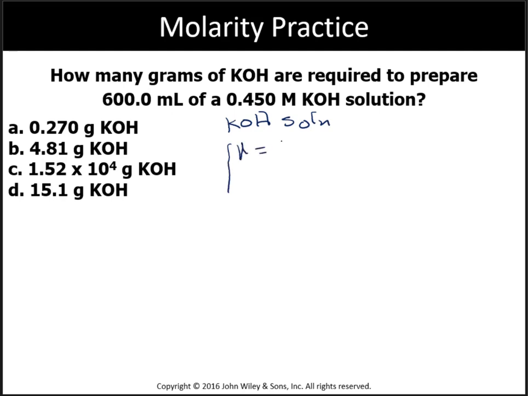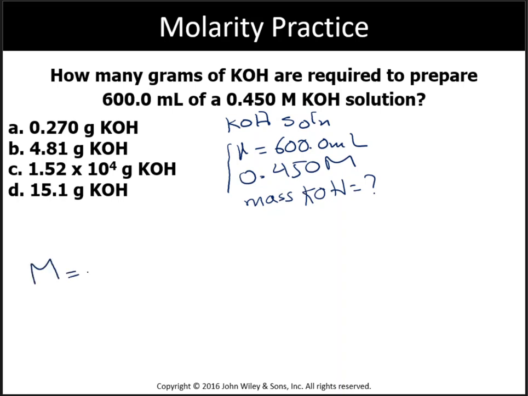We know the volume of our solution is 600 milliliters, and we know that the solution is 0.450 molar, and you want to find the mass of potassium hydroxide, which is your solute.